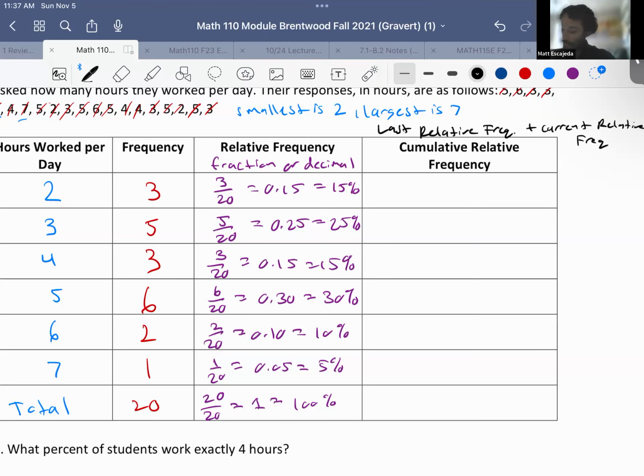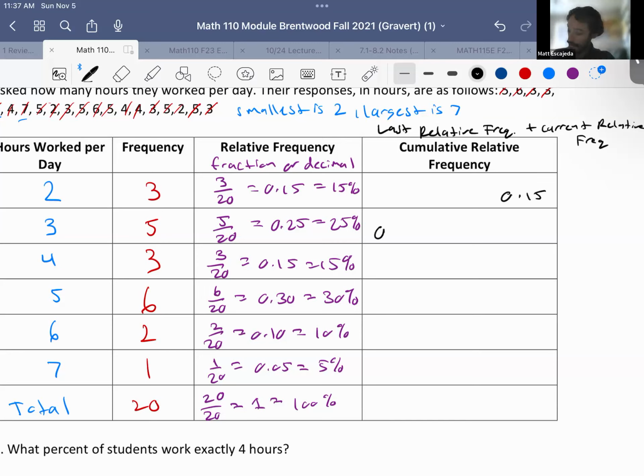So in this row, for 2 hours of work per day, we don't have a previous or last relative frequency, we just have the current one. So we would just pick 0.15. Now for the next row, we're going to add our last relative frequency plus our current relative frequency.